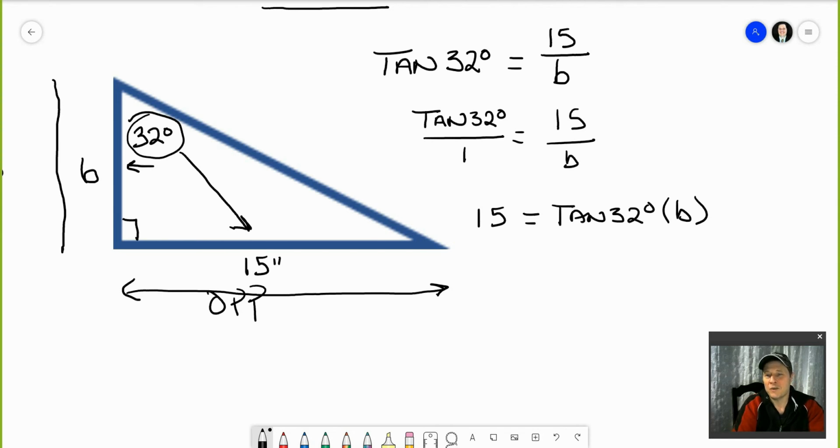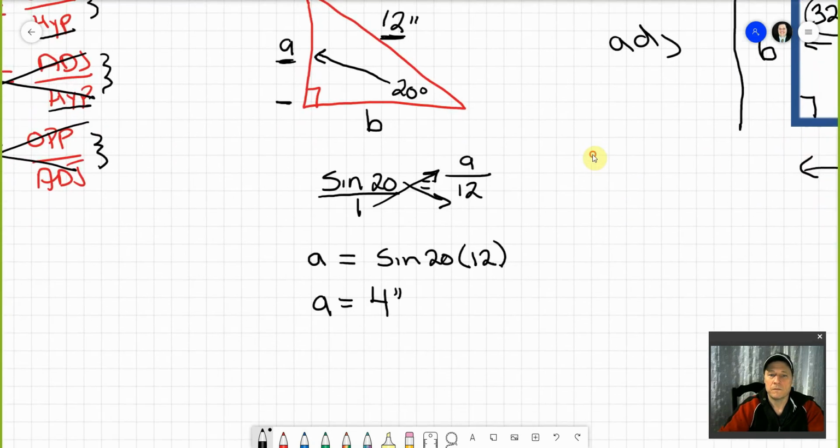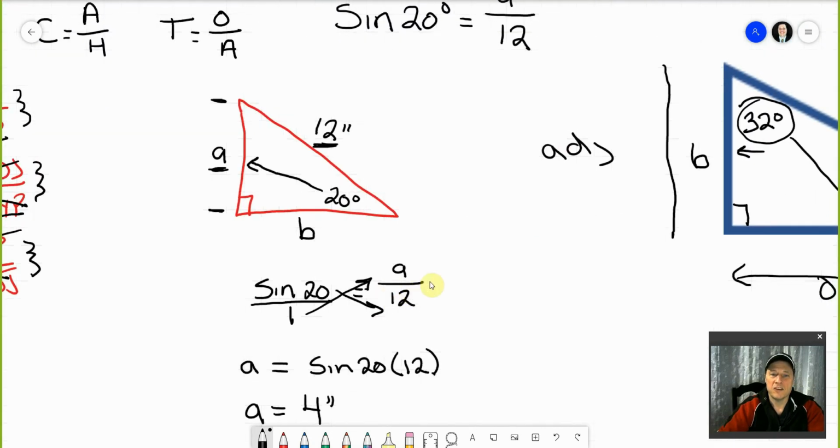We actually don't need to do this step, because we can do it right up here at the very beginning, but I want to show you how the cross multiplying changes when your unknown information is your denominator. In our previous example, the unknown information was our numerator.